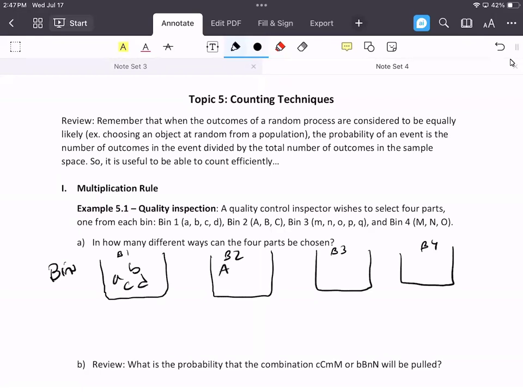In bin 2, options A, capital B, and capital C. Bin 3, m, n, o, p, and q. And then in bin 4, capital M, N, and O. So if we randomly choose, we just stick our hand in, they're all shuffled around, how many choices are there in bin 1? Hopefully you think, well, there are 4 things, so there are 4 choices.